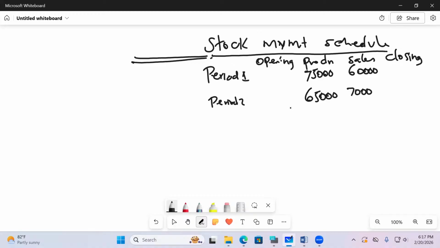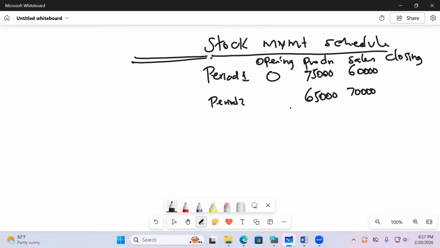Now from these, we can easily get to know the stock movements. Remember, unless you're told otherwise, period 1 is when we are commencing our production, so the opening stock in period 1 is always 0, isn't it? So in period 1, we started with 0, but we produced 75,000.